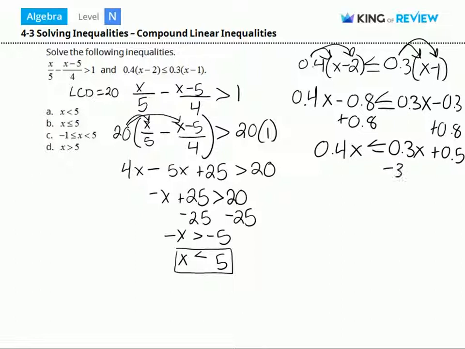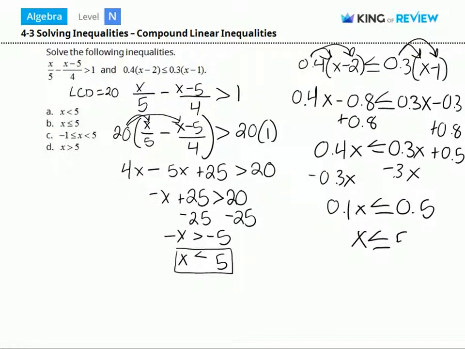And now we'll minus 0.3x on both sides, and we're left with 0.1x is less than or equal to 0.5. And when we divide by 0.1 on both sides, we're left with x is less than or equal to 5. So this is our second inequality.